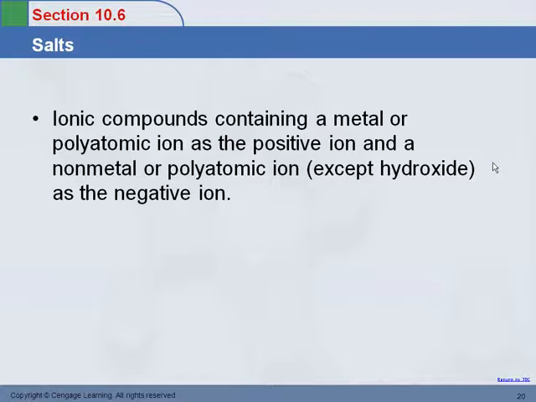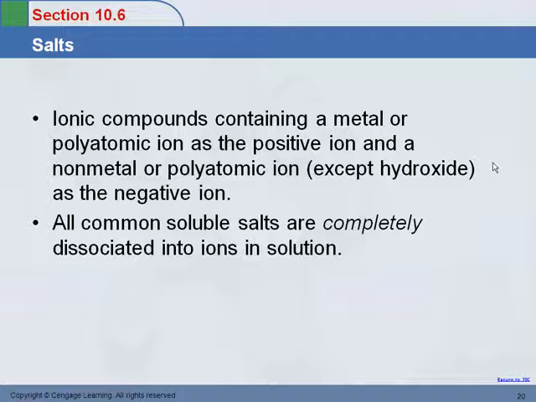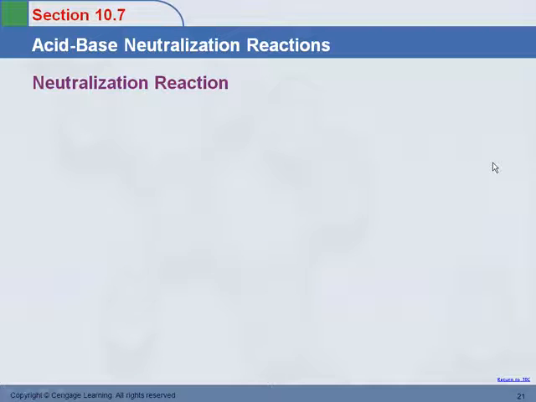Salts. These are simply ionic compounds that are soluble in water. So a lot of this will sound pretty familiar because we've already learned about ionic compounds and we've already learned about how they dissolve. So soluble salts completely dissociate into ions in solution. They're simply an ionic compound, as you remember.